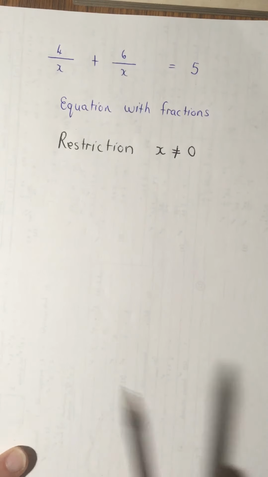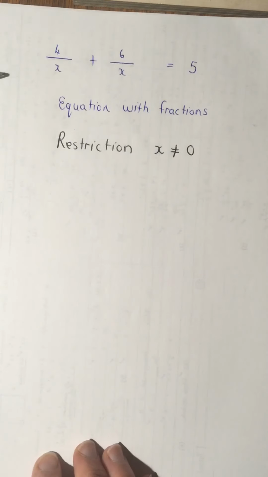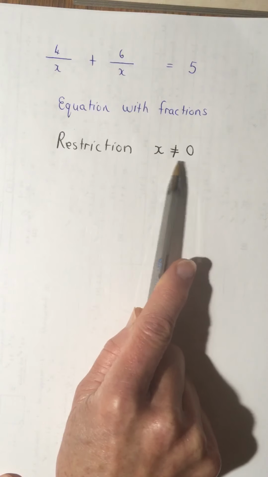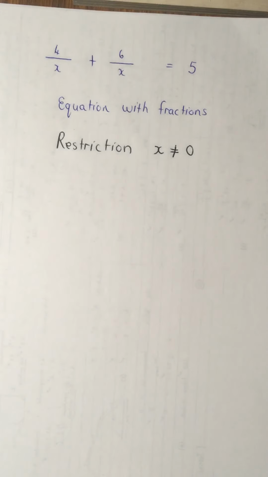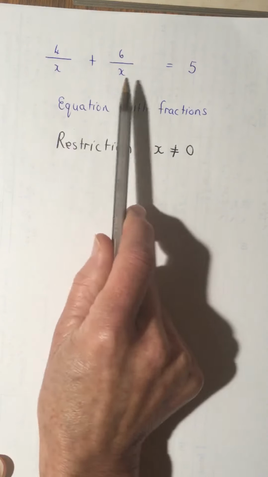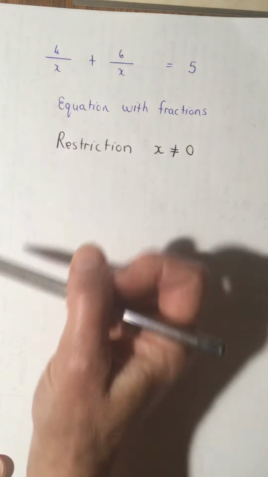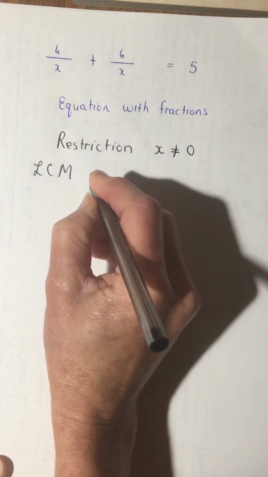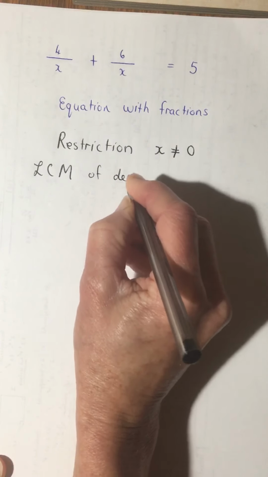So in this case, it's an equation with fractions, but with a restriction on the value of x. X may not be 0. Now, the way to solve this equation, we are going to multiply each term by the lowest common multiple of the denominators.